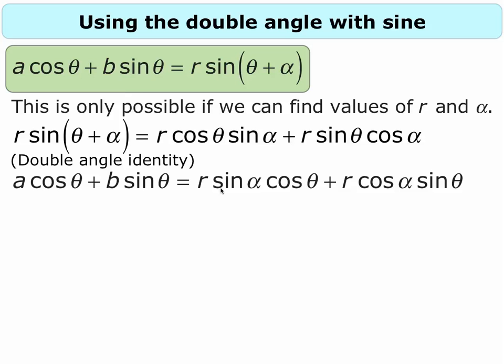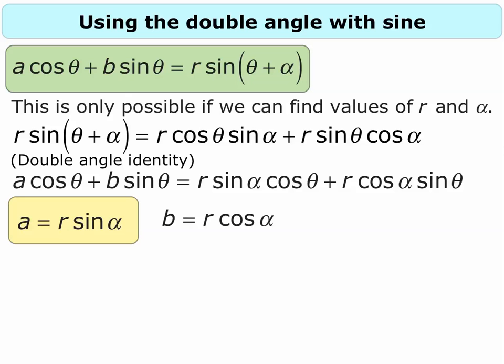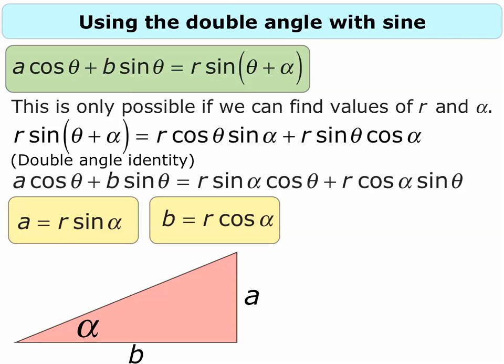So A, again, is this, and B is from the sine part. Now, I'm not going to go through the whole proof again. The only thing that's different here is the A and the B have swapped over for the sine.